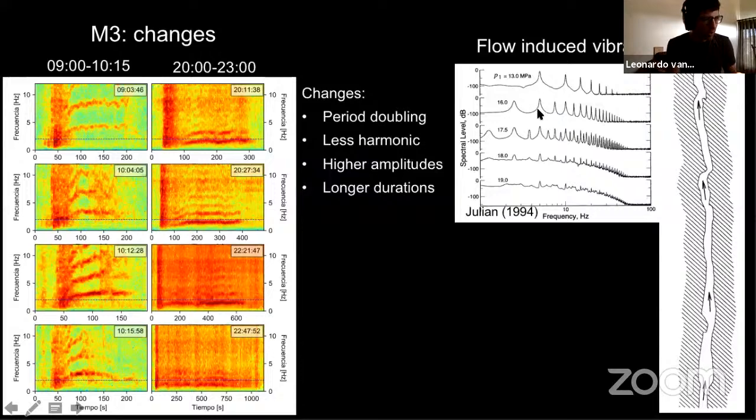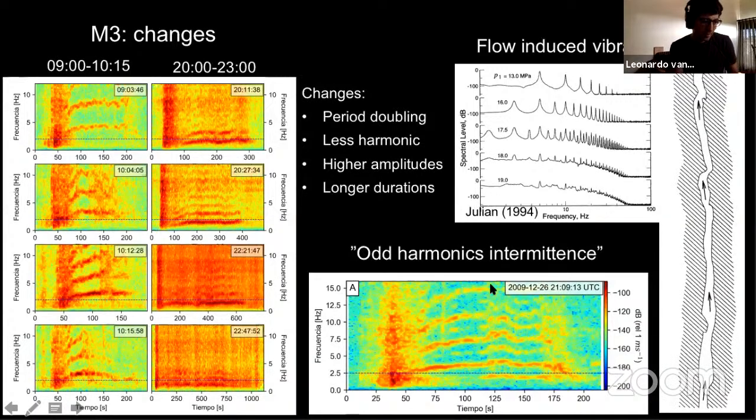So we see here that the frequency goes down and down and down as the pressure is increased. And also the spectrum becomes less harmonic, more chaotic, more broadband-like, and this is what we see here also.